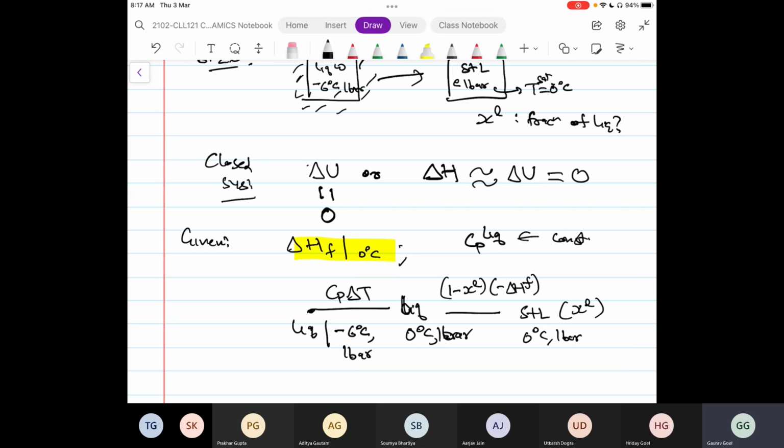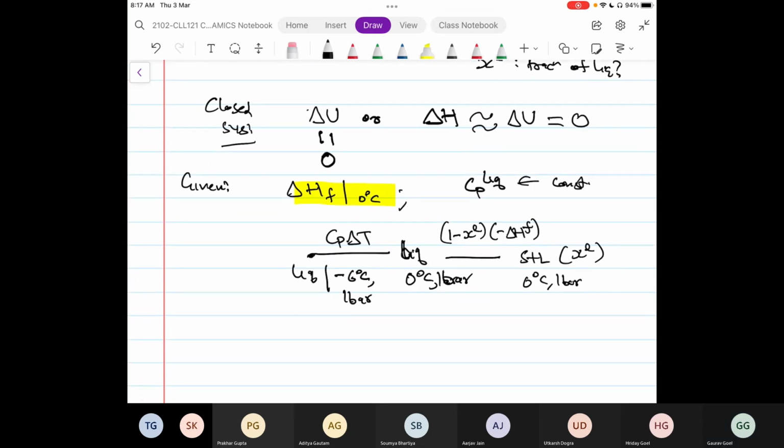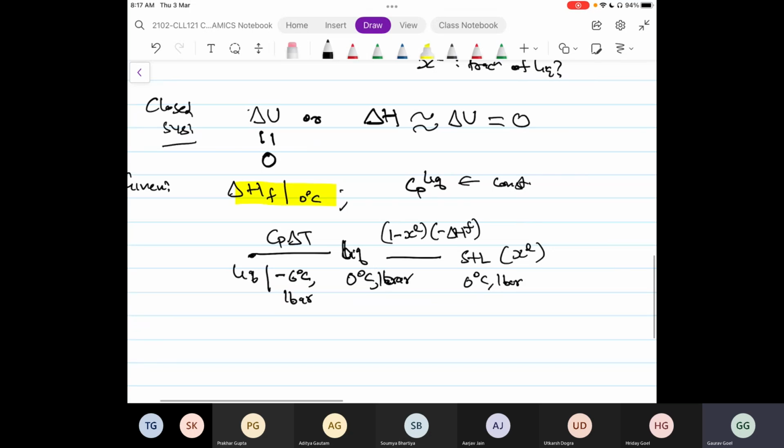All right. So this is the entire enthalpy change, and this must be equal to 0. The only unknown in this equation is X_L. You can easily calculate that.